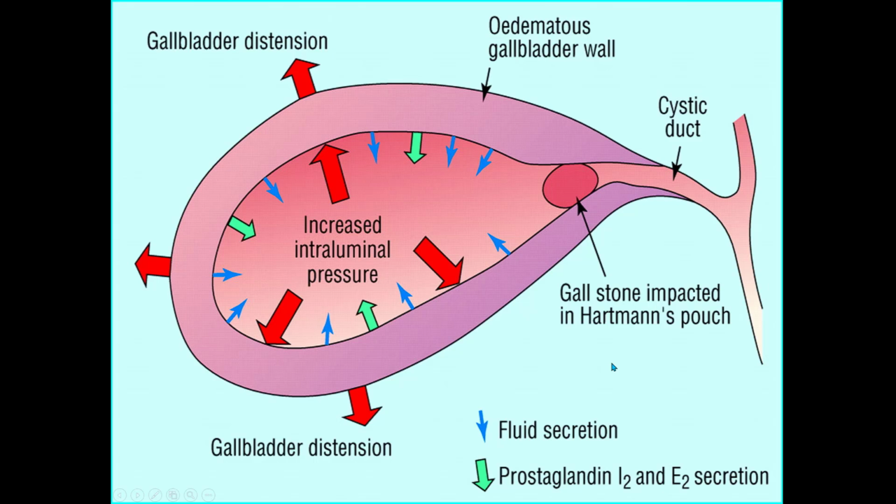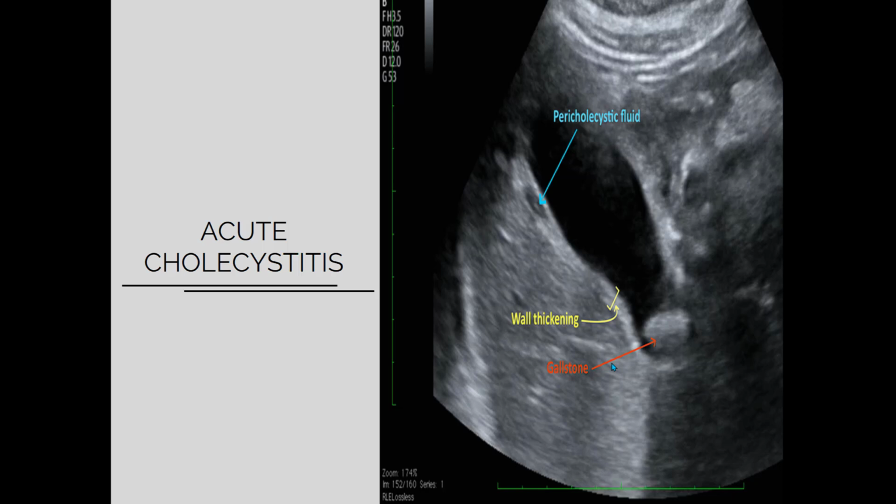Whenever there is acute cholecystitis, these may be the findings. This is the picture that depicts it. Okay, and in a real ultrasound picture you can see it like this, but as I mentioned, you cannot measure the thickness in the film that we are providing you. So in that case, if you have to diagnose acute cholecystitis, you have to check the pericholecystic fluid.